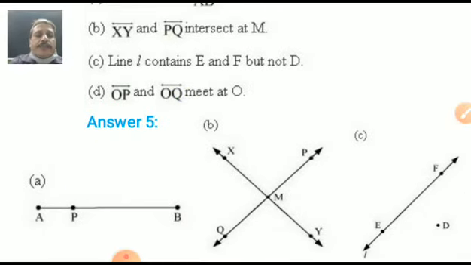The answer is here. A answer: line AB is drawn. No, sorry, it's a line segment. Because symbols sometimes you have to understand.